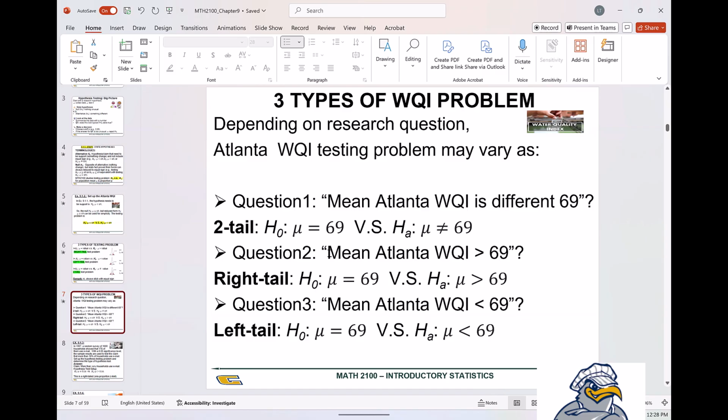Then the hypothesis you want to support will be that the mean Atlanta water quality index is greater than 69. So it becomes a right tail test problem. And with our researcher example, his testing problem is that the mean Atlanta water quality index is less than 69. This is the testing problem he wants to work on, which is a left tail test problem.